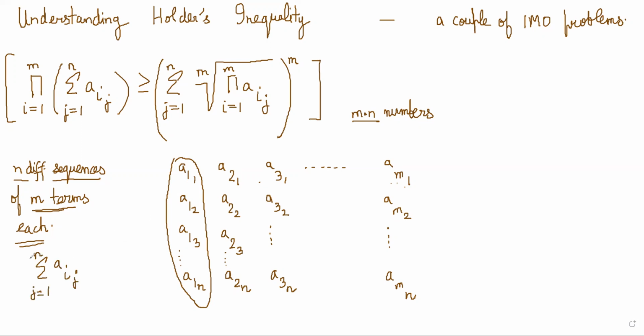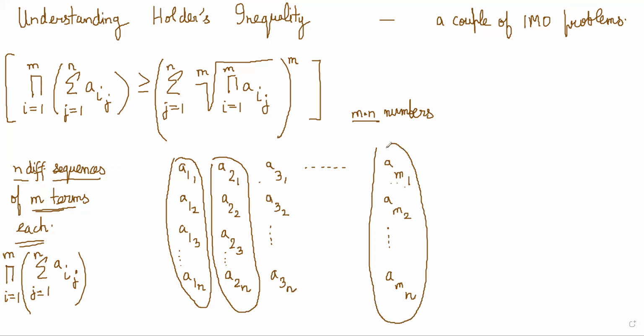Once you take the sum of each column, you multiply them. So basically what you're doing is a product of the sums, so this side becomes a product with a pi symbol, i going from 1 to m. I'm adding up the columns vertically, there are m columns, and I'm taking the product of the sums of the columns. That is pretty straightforward.